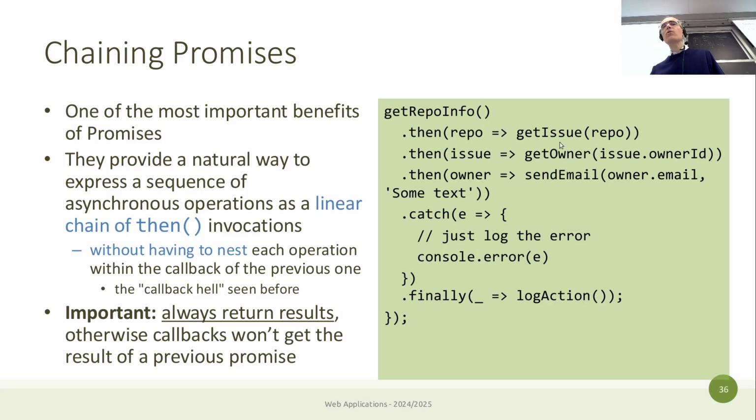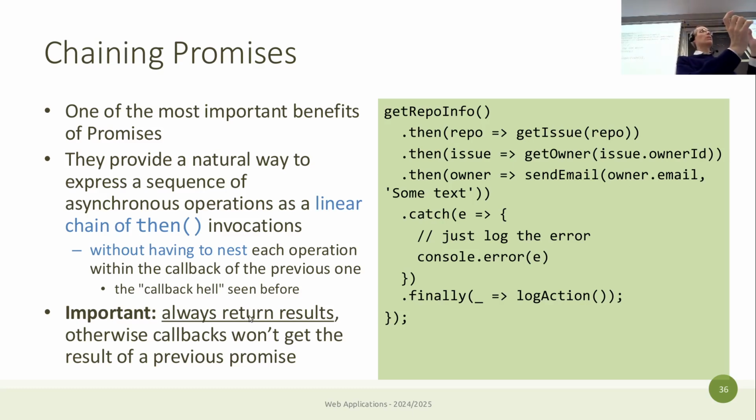So this function returns the value of get issue repo, this one get owner issue owner ID and so on. If you are unsure, open the curly bracket and put return something. And then when you know what you are doing, you can shorten the code. This is really important.